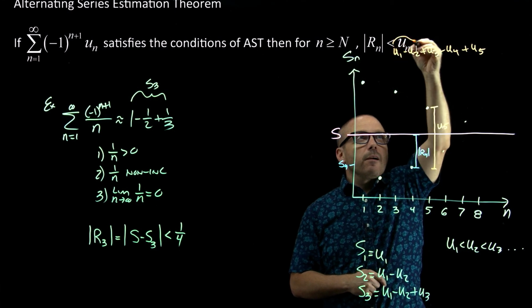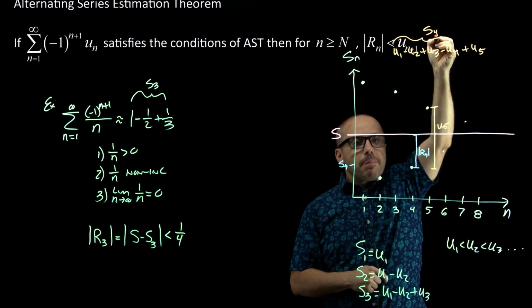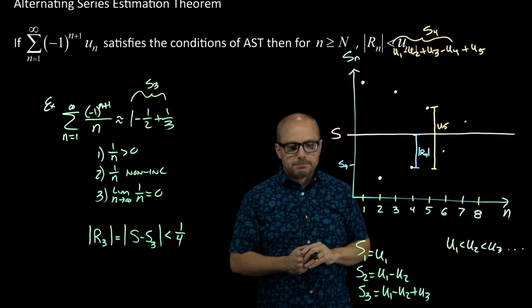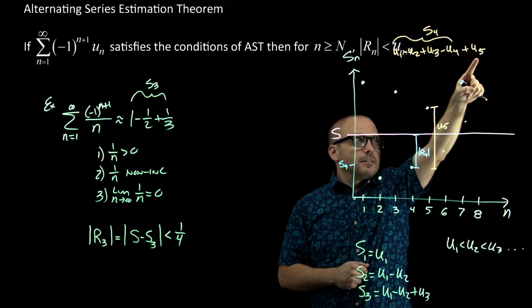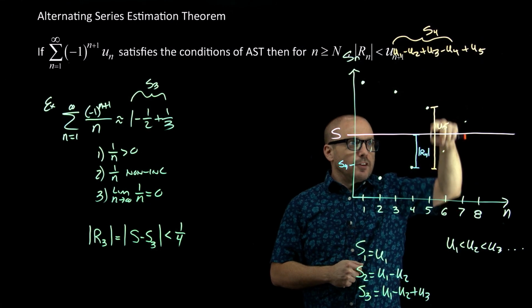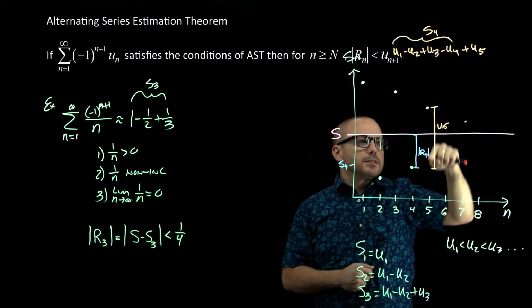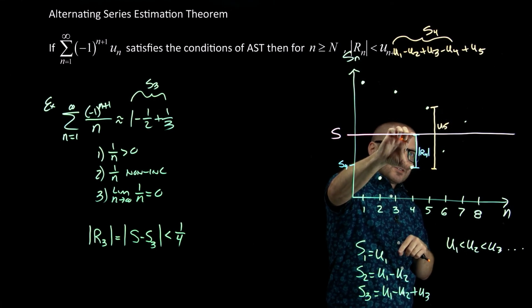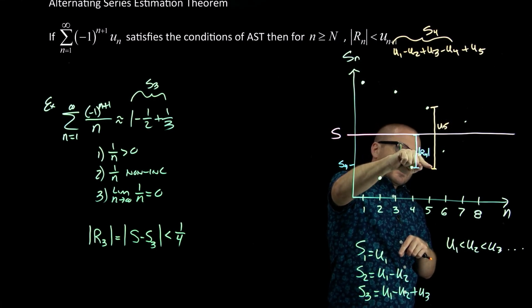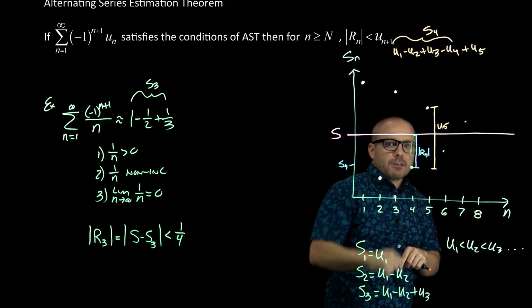So there was the fourth partial sum. But then to get to the fifth partial sum, I'm jumping a distance of U5. So every time you stop your sum, the distance from that line is less than the distance you're about to jump.